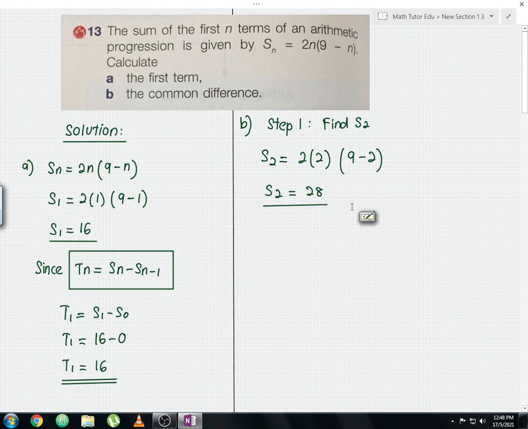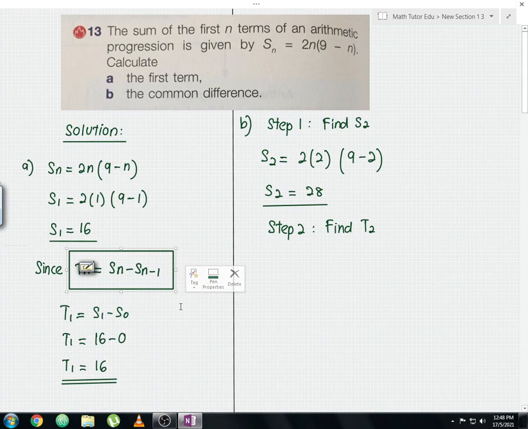Once you get this, we proceed to the second step, where we need to find T2. So step 2, now we can proceed to find T2, which is the second term. Similar to question part A, for part B we're going to apply this formula as well, where Tn equals Sn minus Sn minus 1.